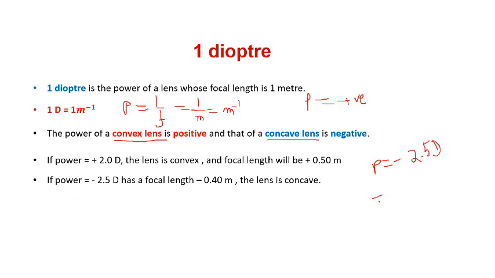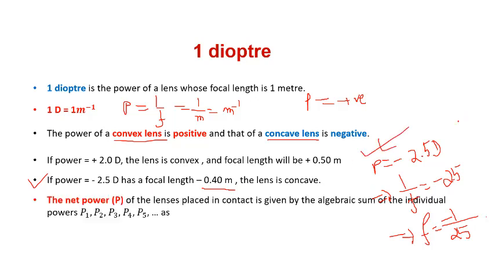And power is nothing but 1 by F. So 1 by F equals minus 2.5, and when you take focal length to the numerator, it becomes minus 1 by 2.5, which is minus 0.4 meter. Numericals like this might come for 2 marks, so you will be able to solve them. If power of minus 2.5 D is given, you can find what kind of lens it is and what the focal length is in this way.